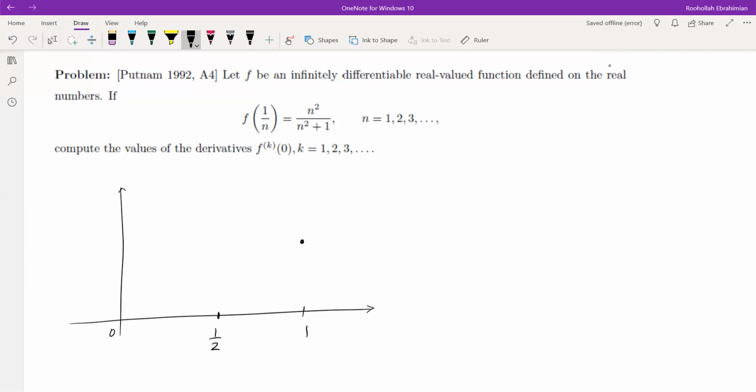So it gives us something. It goes above here. The first one, f of 1, is 1/2, and then it's 4 over 5. Between these two, you don't exactly know how it's going to get connected. So we don't really have a chance of finding the actual function f. That might come to mind, but it's not really something that we can do.